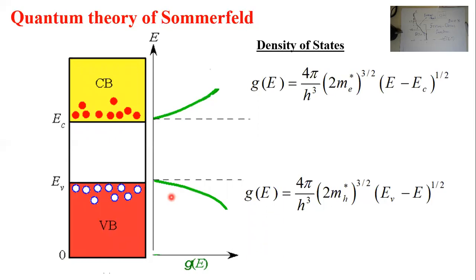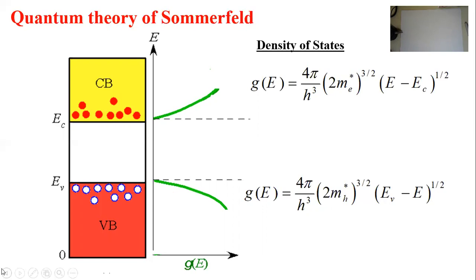So very simple, returning back to our original example, what you just need to do is to multiply these two functions together. If you multiply these two functions together, you will get the total number of electrons. But please remember that the number of electrons is only defined in the conduction band.